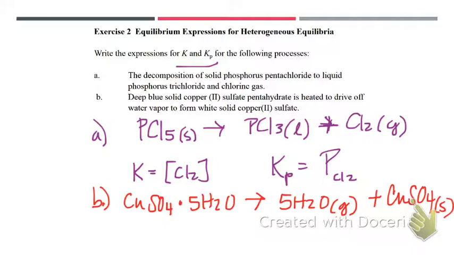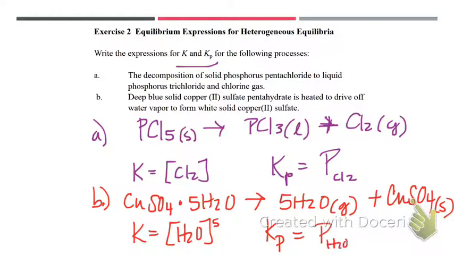So again, the only thing that would appear for K would be the concentration of water, because it's a gas, and Kp would be the partial pressure of H2O to the 5th power. There I might put parentheses around it just to show the 5th power, but do not put brackets. Okay?